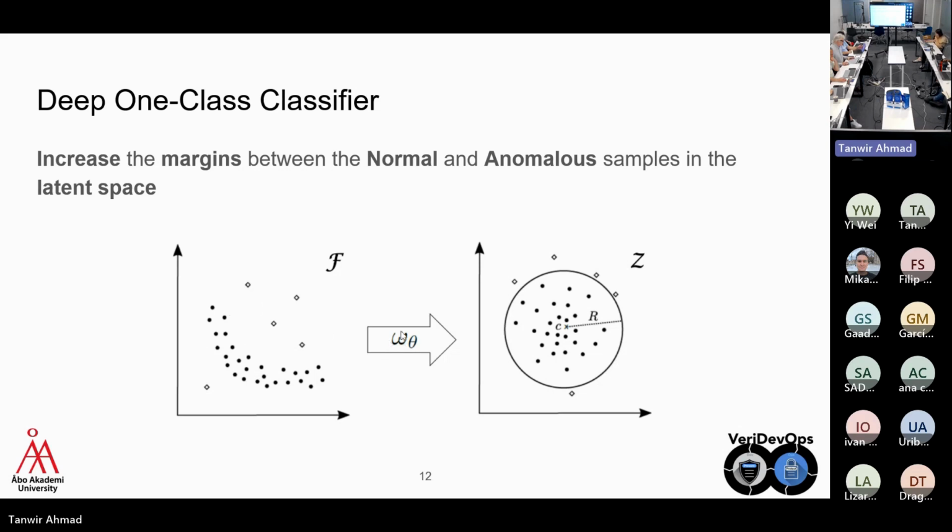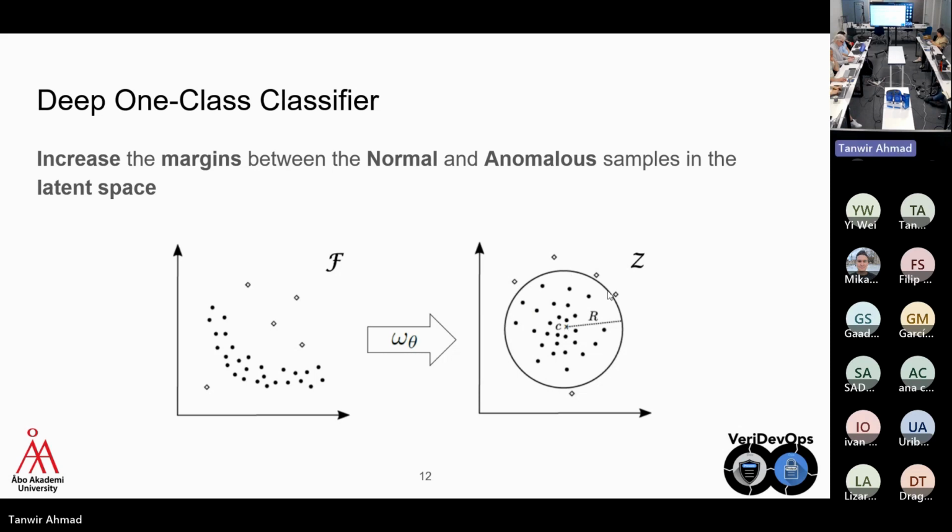Then we train a classifier, W theta, which transforms this original space into a latent space where the normal samples are closer to a predefined center C, and the anomalous samples are as far as possible from the center.